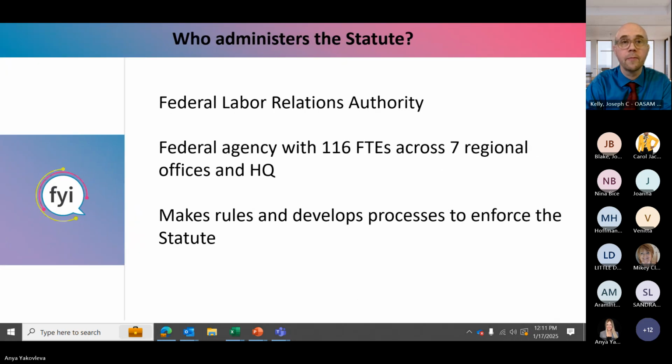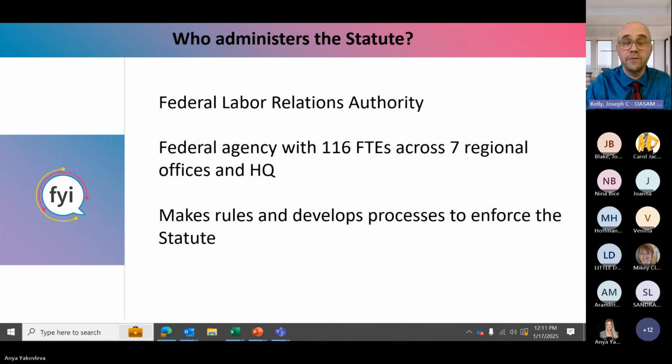All right, so who administers the statute? That would be the Federal Labor Relations Authority. They're sort of a boutique agency, a very small federal agency. They have about 116 full-time employees across 7 regional offices in the U.S. and headquarters here in Washington, D.C. As many of us know, federal agencies are often huge.